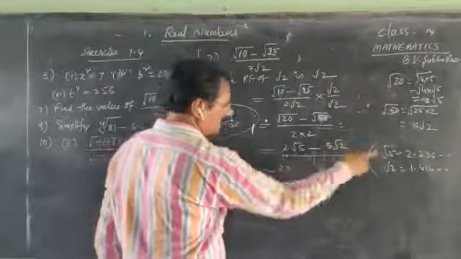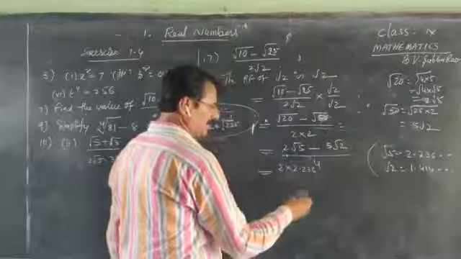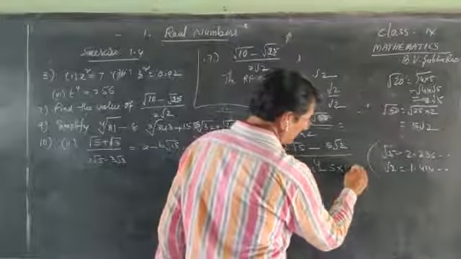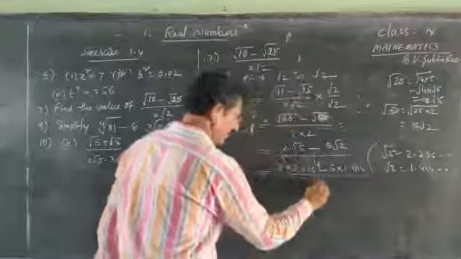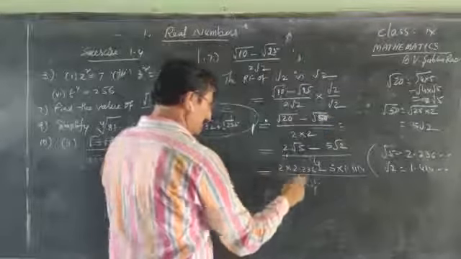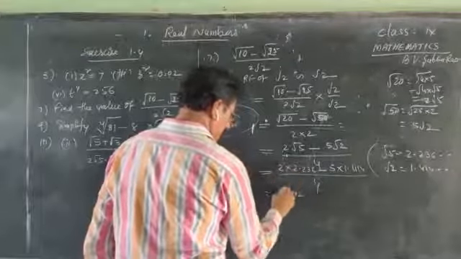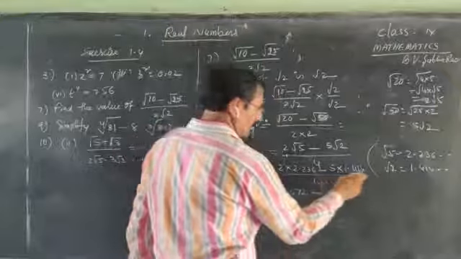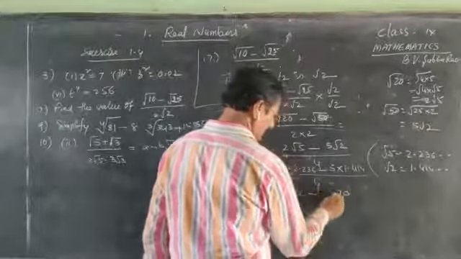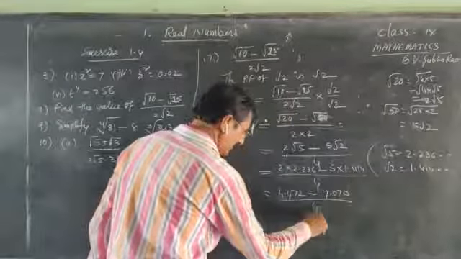So 2 into root 5 value, 2.236, I wrote up to 3 decimal places, minus 5 into 1.414, by 4.